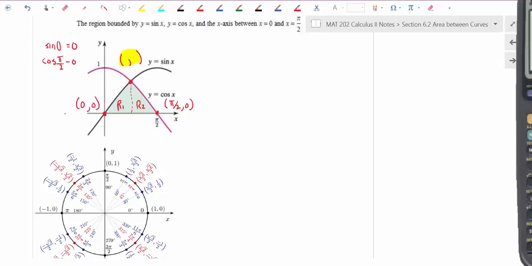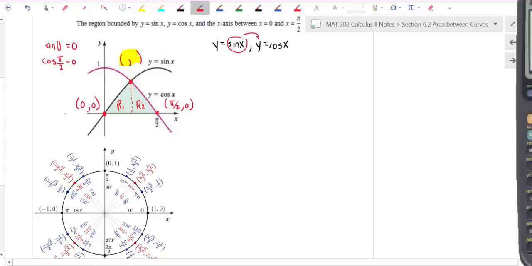I pulled up a unit circle on this, and I'm going to actually show you how to solve the equation too. So we have y equals sine x, and then we have y equals cosine x. Okay, so what we're doing is trying to figure out where they're equal. So again, you could take the sine x and just plug it in. So you would be solving the equation sine x equals cosine x.